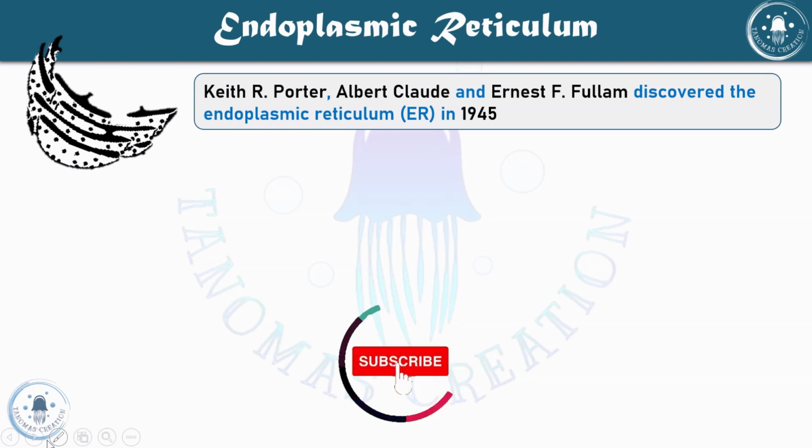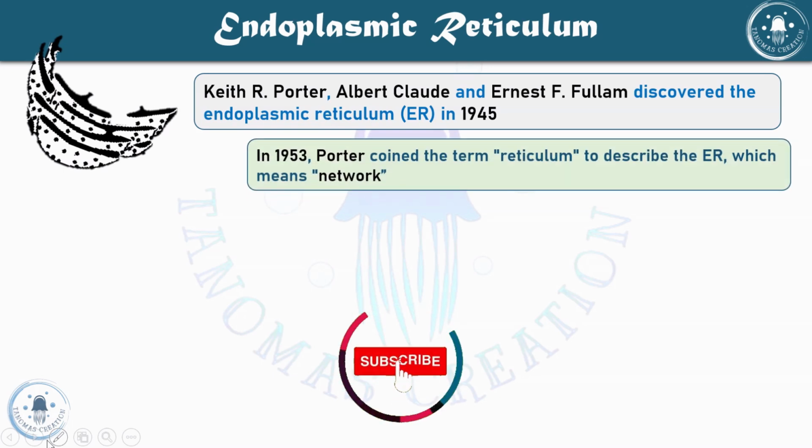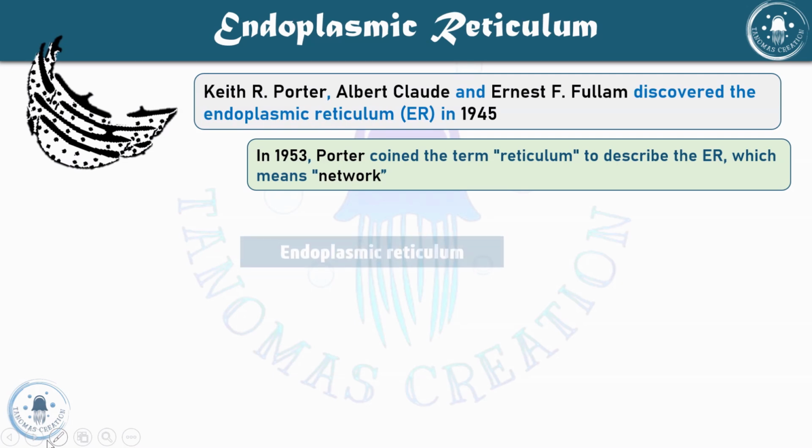So this was discovered by three scientists, and Keith R. Potter was the one who coined the term reticulum. Reticulum generally means network, so he coined the term endoplasmic reticulum in 1953.